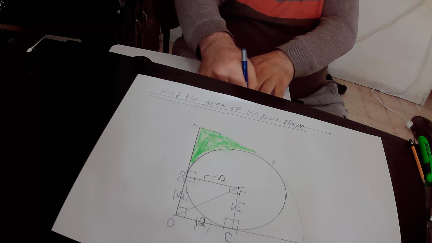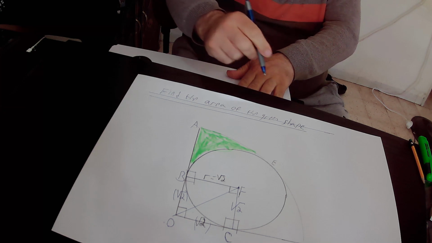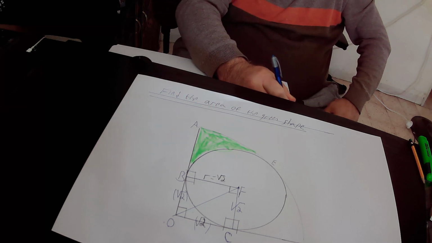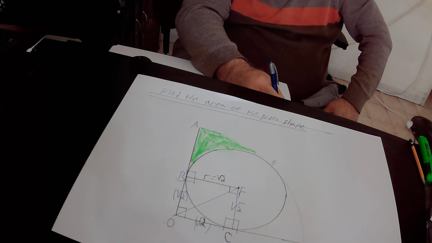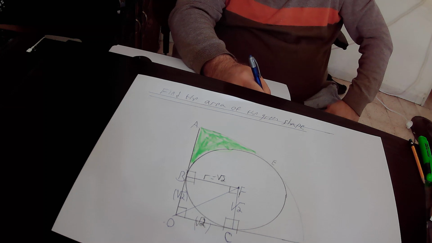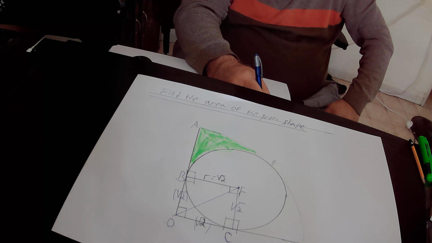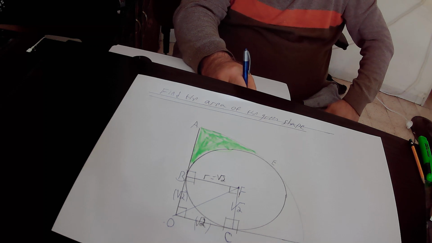The hypotenuse in the right triangle OBF is OF, therefore the square of the hypotenuse is OF squared, and it must be equal to BF squared plus BO squared.